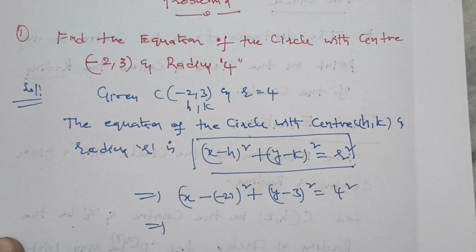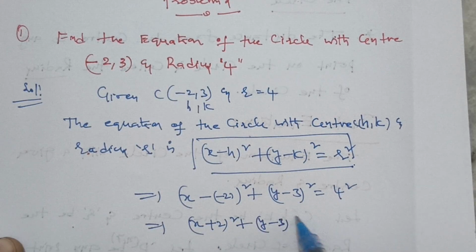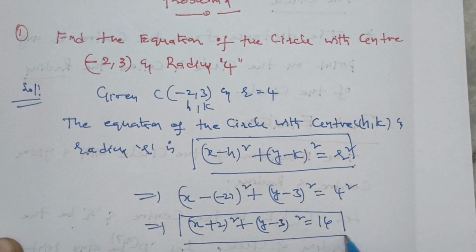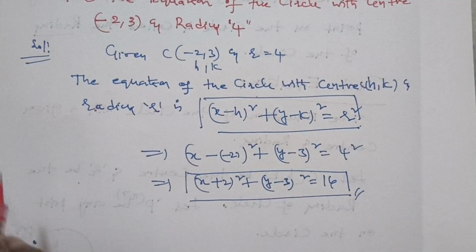By simplifying, x plus 2 whole square plus y minus 3 whole square is equal to 4 squared, that is 16. So this is the equation of the circle with the given center minus 2, 3 and radius 4.